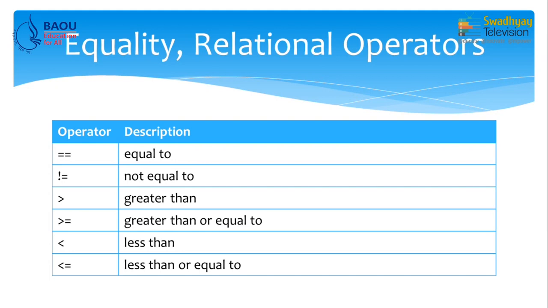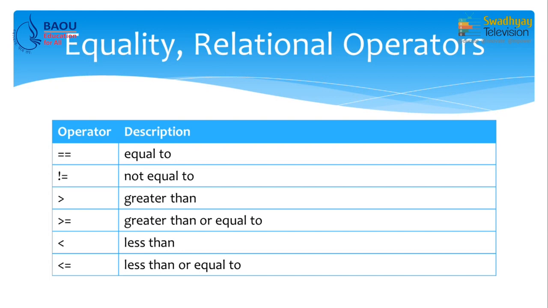That is why these are known as relational operators. The first operator is also called the equality operator, which compares two values for equality. Suppose I write A double equals B. What does it mean? If A equals B, then it returns true, otherwise it returns false. So, these operators are also called Boolean operators, because they return either true or false.